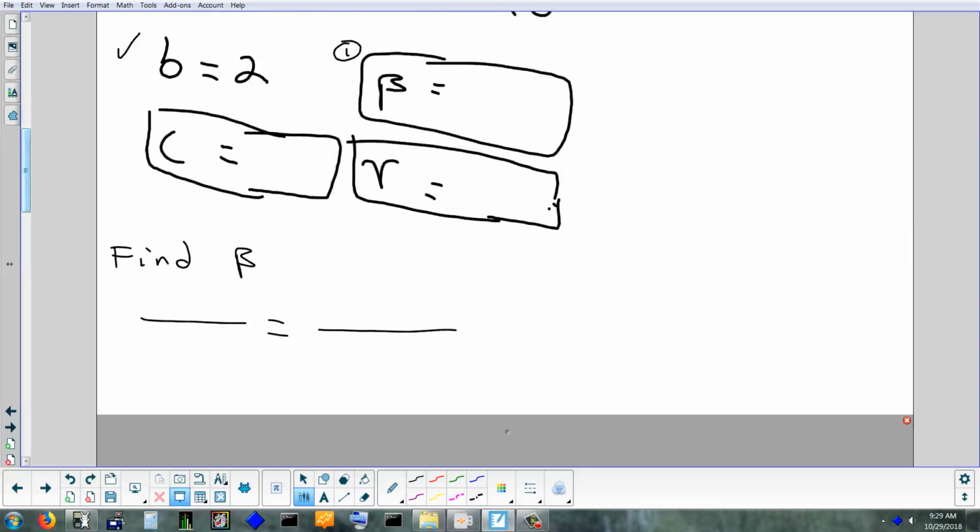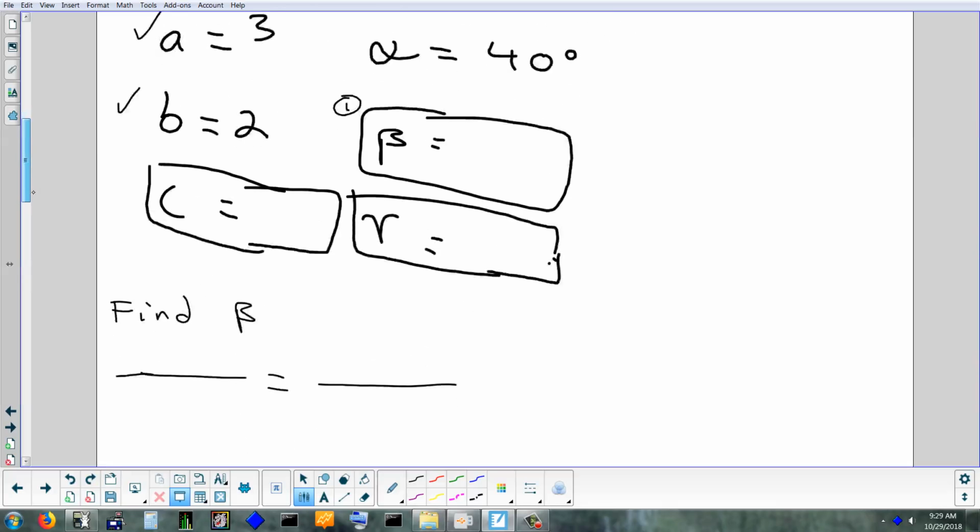Kiara, can you tell me what would go on the left? Sine of 40 over... is it 4?